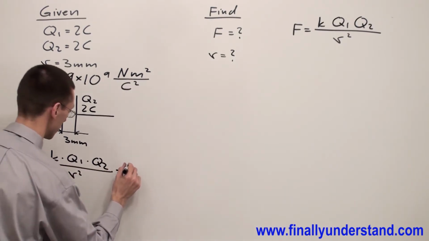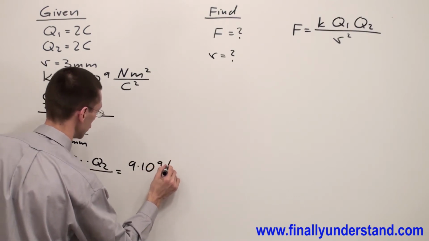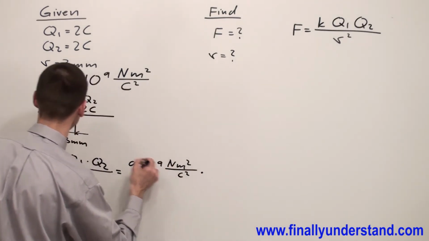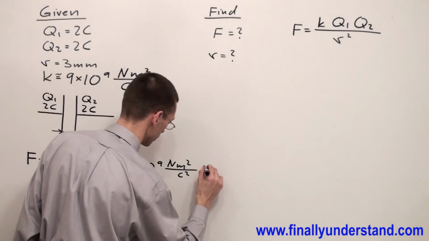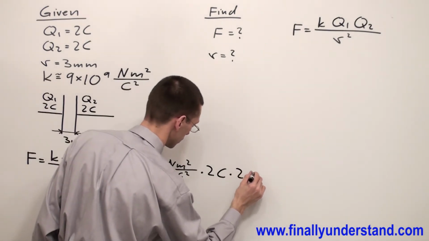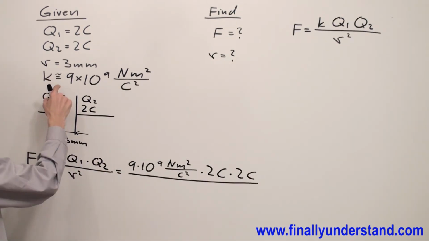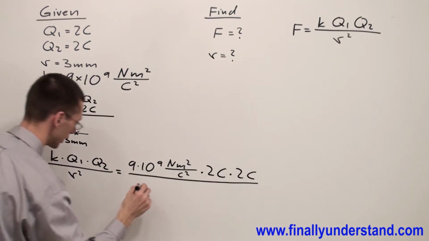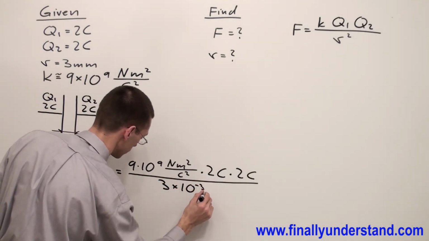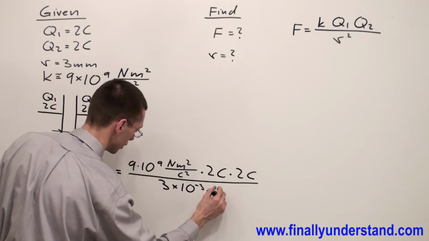K is equal to 9 times 10 to the 9th newton meter square over coulomb square, times Q1, which is equal to 2 coulombs, times Q2, which is equal to 2 coulombs, over the distance. My distance is already expressed in meters, so I can write over here 3 times 10 to the negative 3 meters, because milli represents the power of 10, and we have meters.